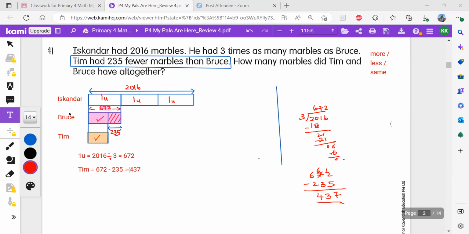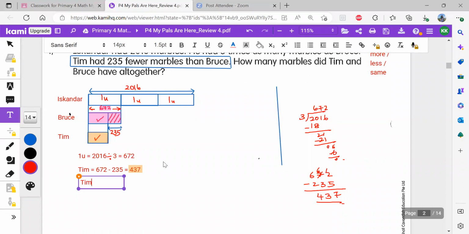Tim is 437. So to find Tim and Bruce, it will be just 672 plus 437. Again, you can do working. And give me 1109.